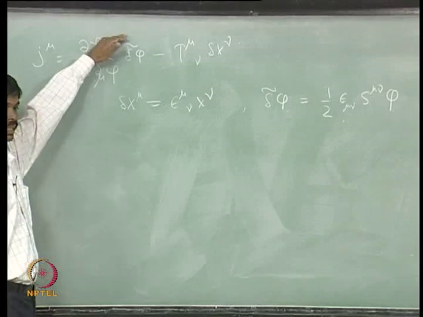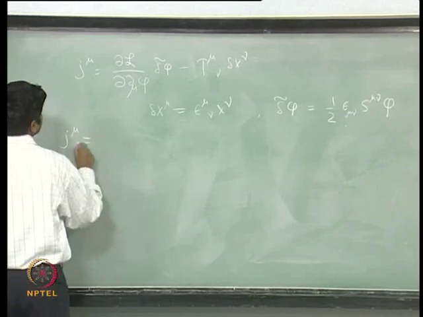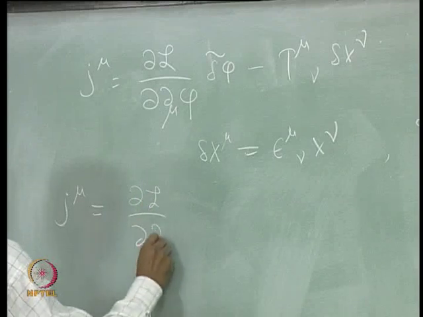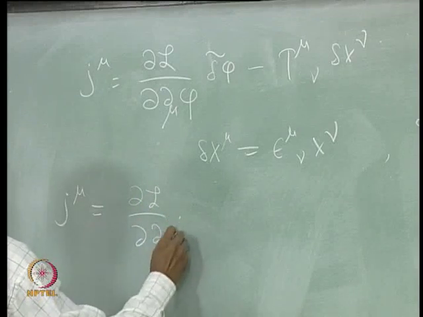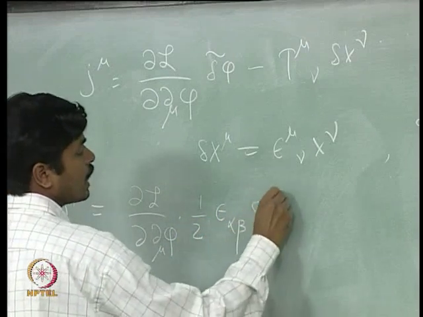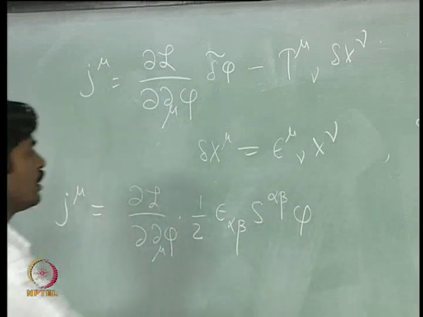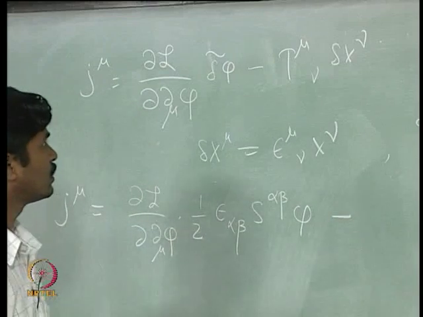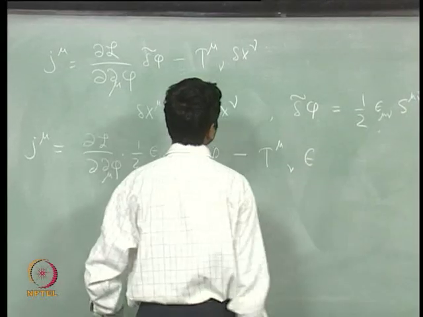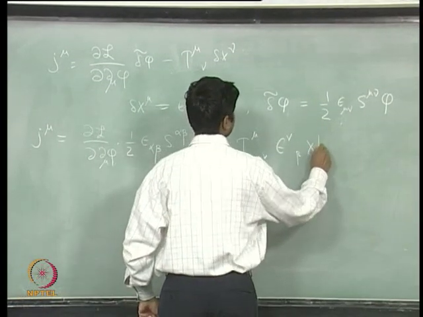We will substitute this transformation here, and then what we get is J^μ equal to ∂L/∂(∂_μ φ) times ½ ε_αβ S^αβ φ minus T^μ_ν ε^ν_β x^β.